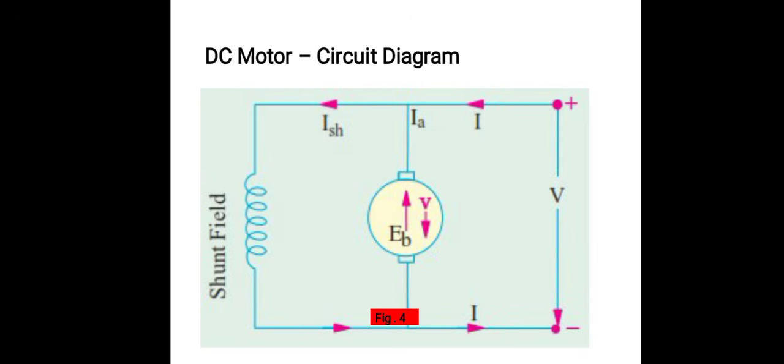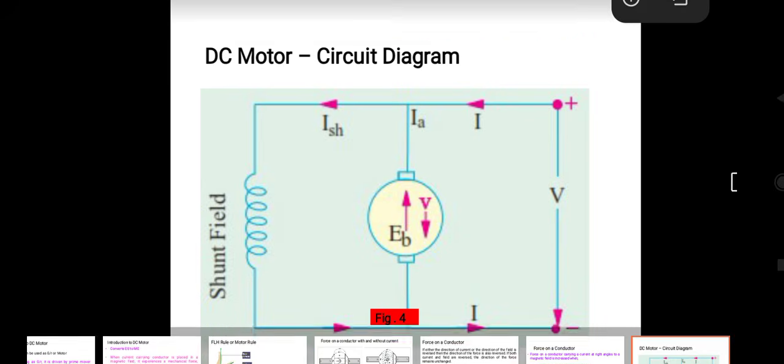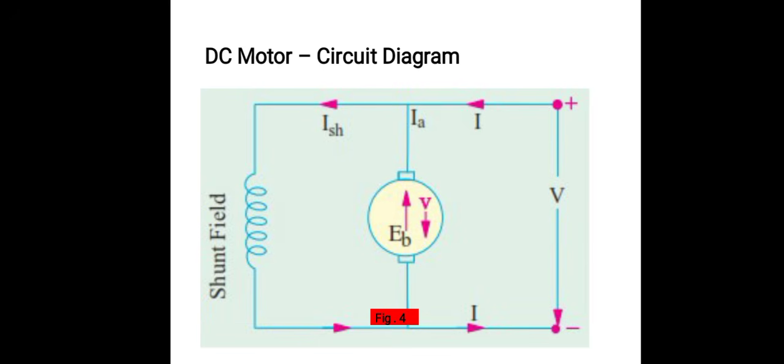Here is the DC motor circuit diagram, which shows the shunt motor. There is a field winding which is in parallel with the armature, and we are giving supply voltage V to the armature and field winding. I, or IL, is the line current drawn by the motor, and that line current is given to the armature and field.